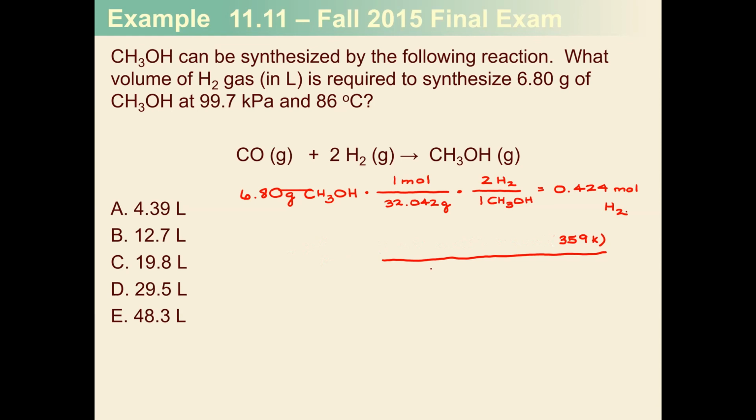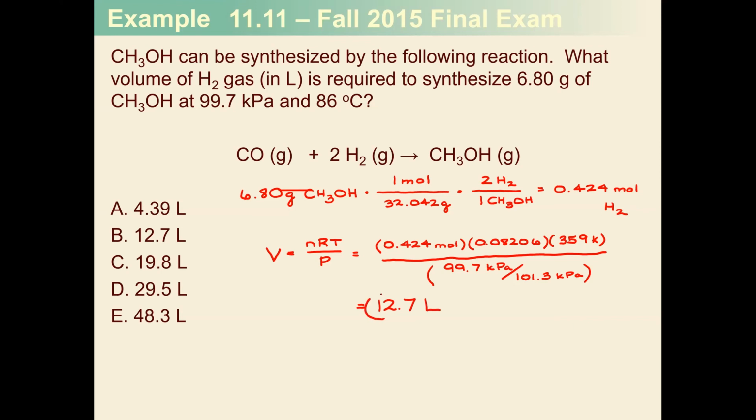So what we need to do is take our 99.7 kilopascals and divide that by 101.3 kilopascals per atmosphere. If I were to do all of this math for my volume, you will see that I get a value of 12.7 liters. If I were to look at my answer choices on the left, you will now see that that comes out to answer B.